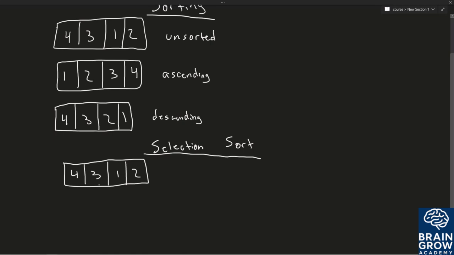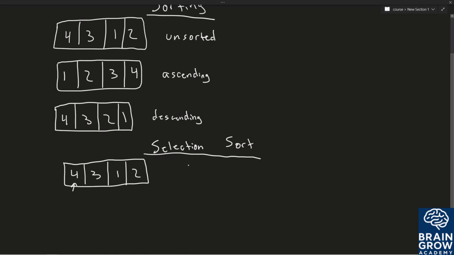So we'll do a quick iteration of sorting this using selection sort, and then we'll look at some pseudocode, and then we will do one more selection sort as an example. So what we'll do is we'll start here at value 4. And we'll say that value 4 is our smallest value.